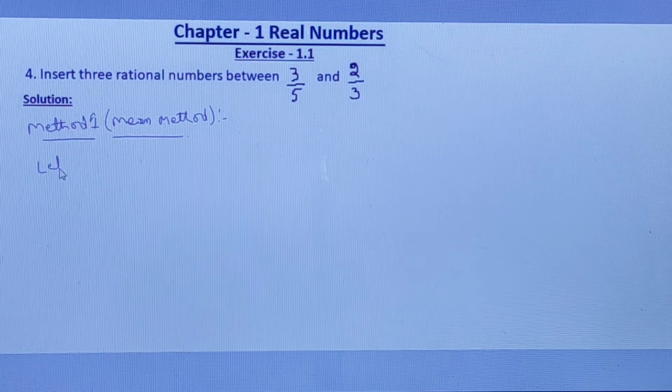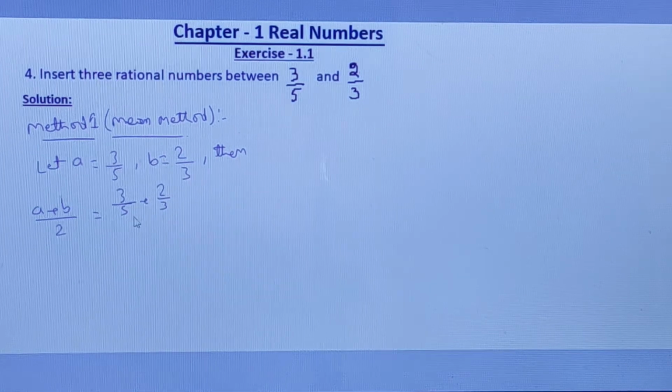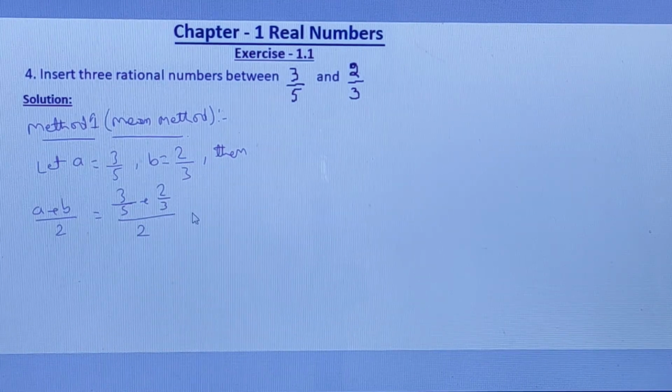Let A is equal to 3 by 5, B is equal to 2 by 3. Then (A plus B) by 2 is equal to (3 by 5 plus 2 by 3) divided by 2. So what is the LCM? 15, right?